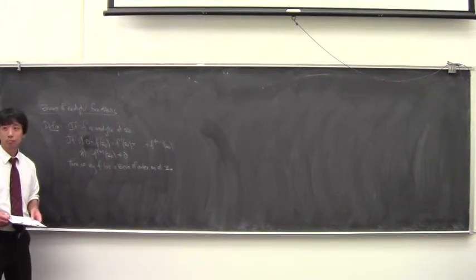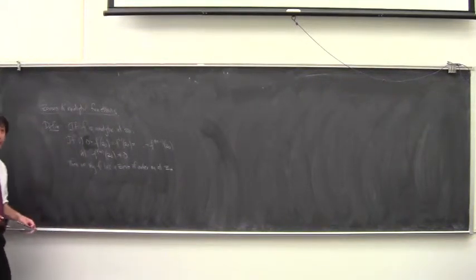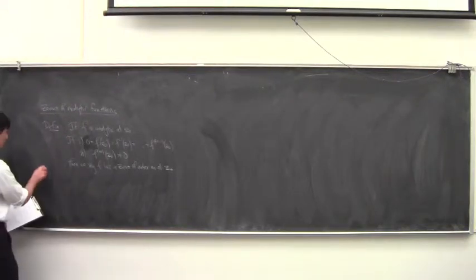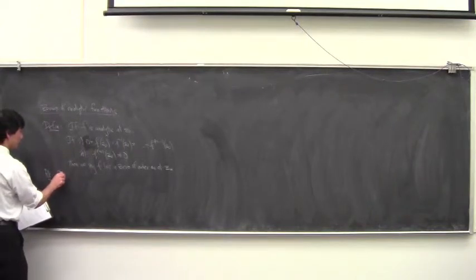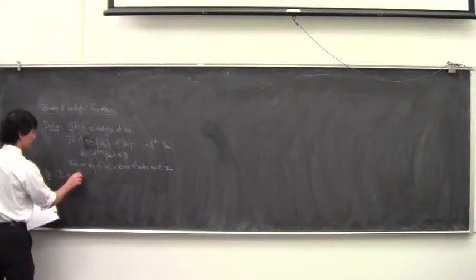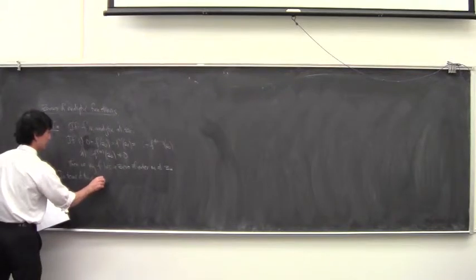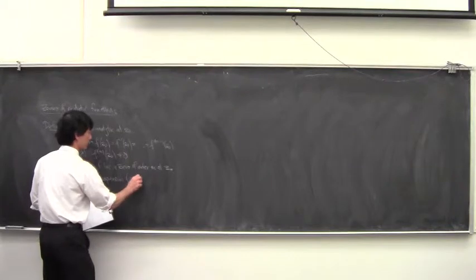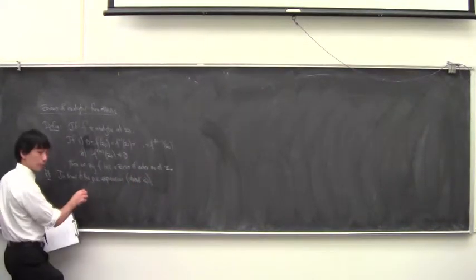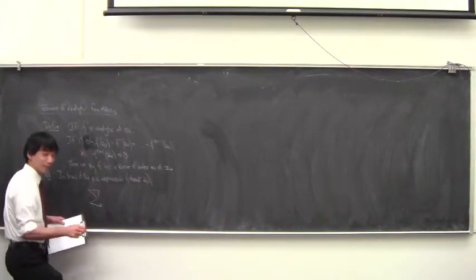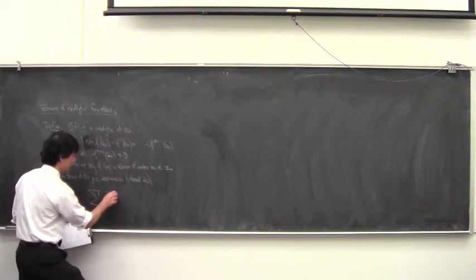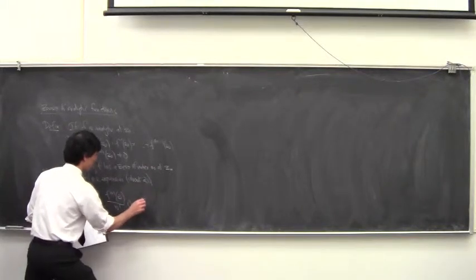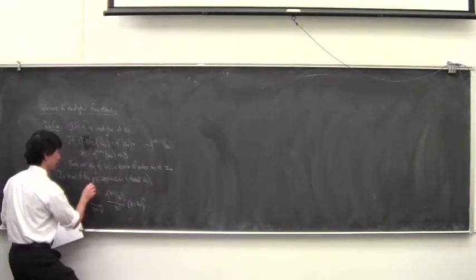Okay, so we think about what this means in terms of the power series, right? In terms of the power series expansion about z naught, you know that the power series expansion looks like this, from 0 to infinity.